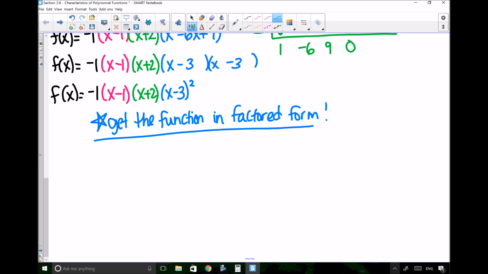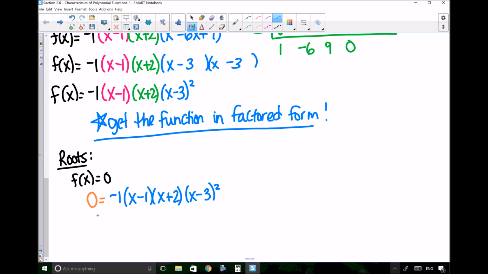So to find my roots, right here, the roots occur when f of x is equal to 0. So every time I see an f of x, I'm going to replace it with the number 0. So right here, I'm going to say 0 equals -1 times x minus 1 times x plus 2 times x minus 3 squared.